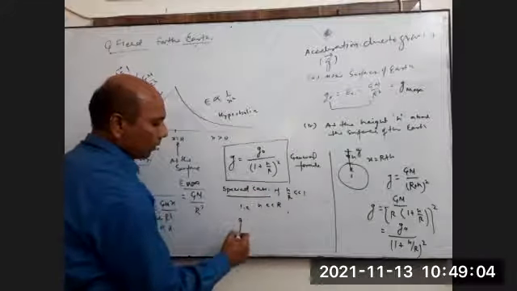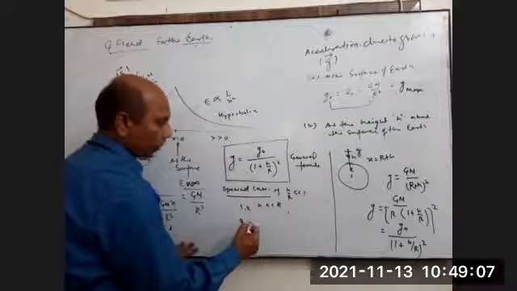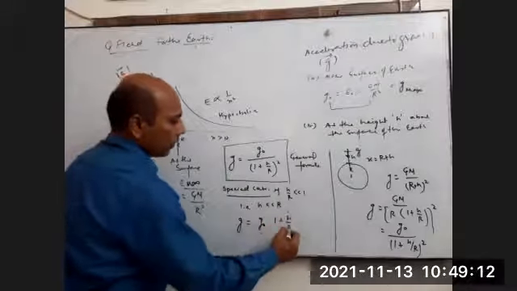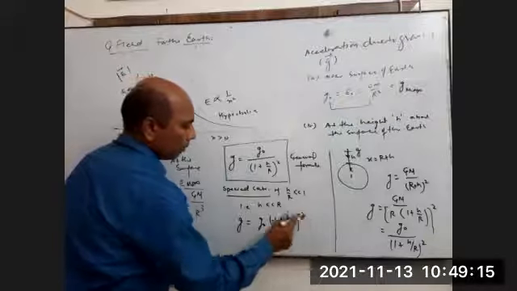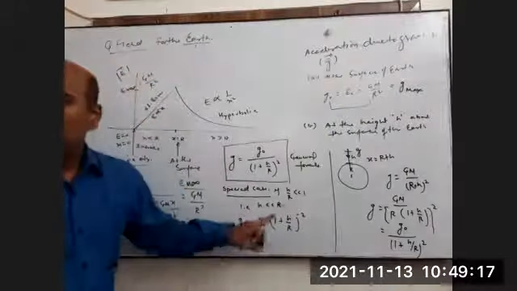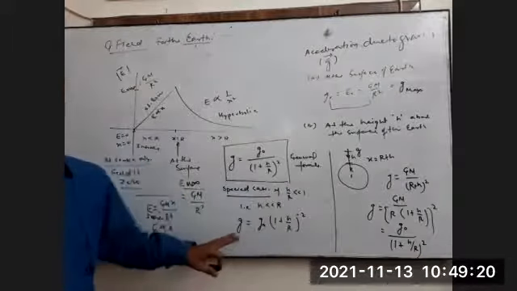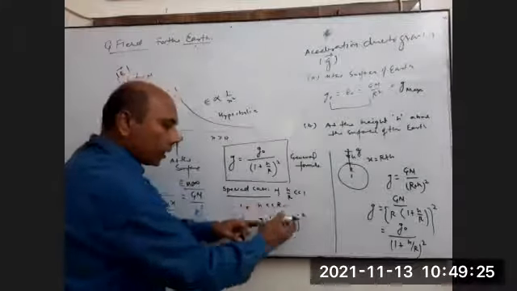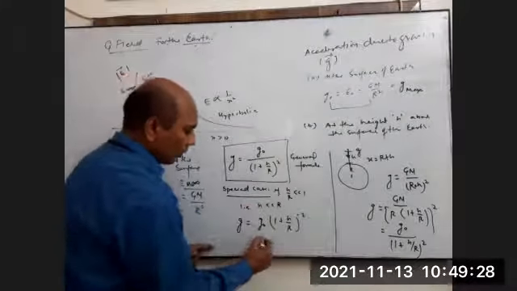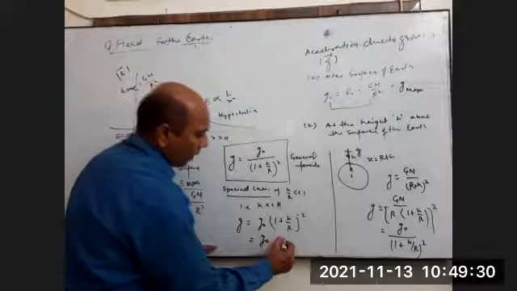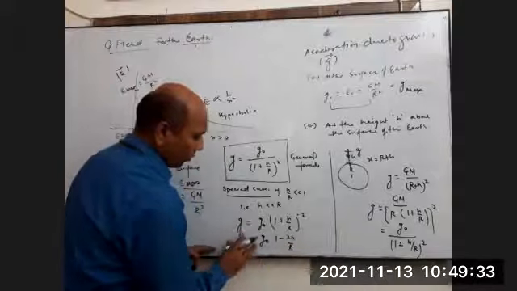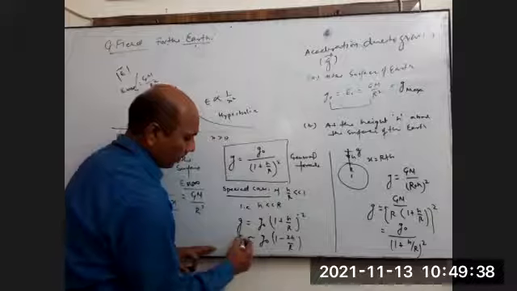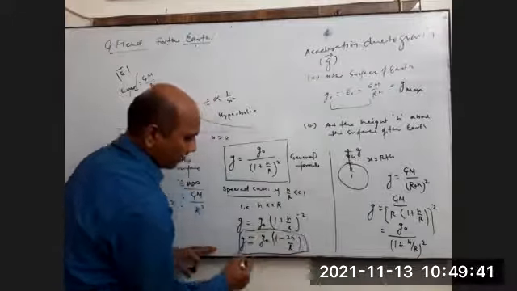So can we write some approximation here? G should equal G naught times 1 plus H upon R, with a minus 2 power. Bringing the minus 2 power up, when H upon R is very small, it can be equal to 1 minus 2H upon R. I'll tell you why.